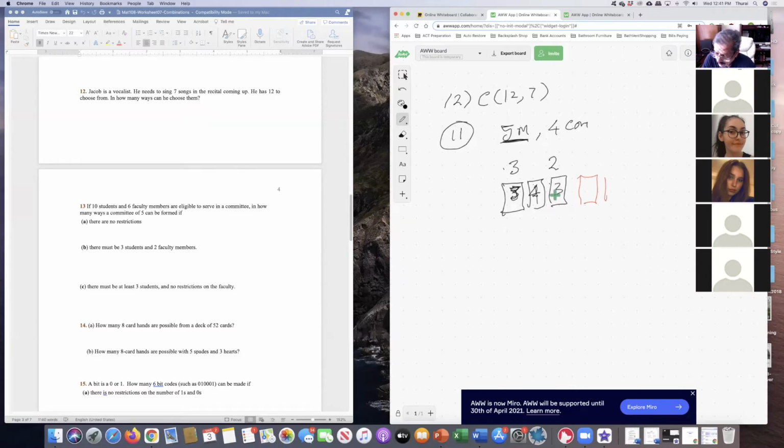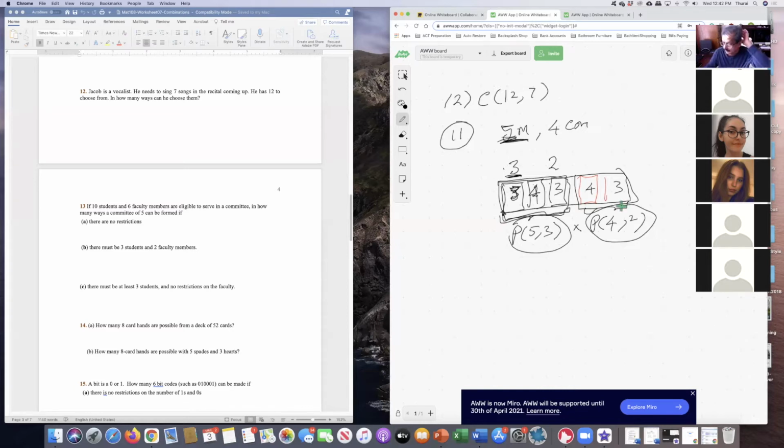Similarly, for the computer books, there will be 4 for the first, 3 for the second. This part is the same as permutation of 5, 3. From the 5, you're choosing 3 and rearranging. So you could have done this part as permutation of 5, 3, and this part as permutation of 4, 2, and then you multiply them. Clearly, the product of all these is your answer. By the multiplication method, you multiply them. So when you use permutation, you're doing this part first as this, and this part separately as this.